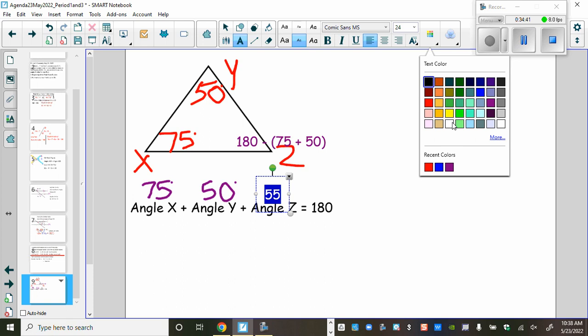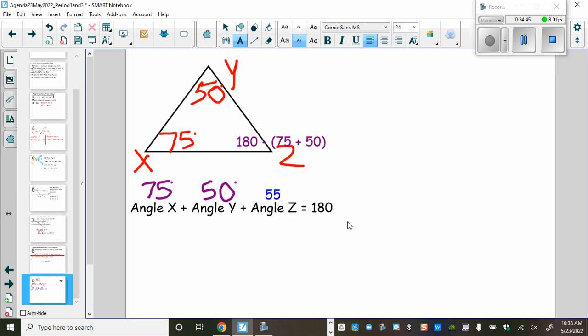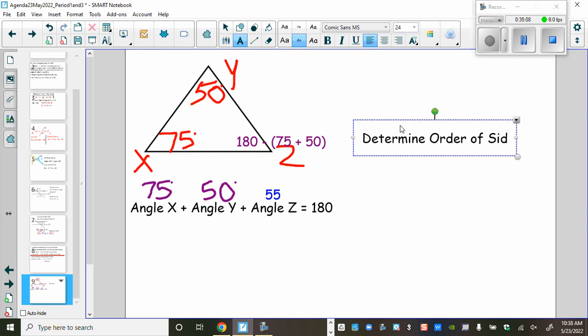Now, here's what else might happen. You may have to determine the order of sides.